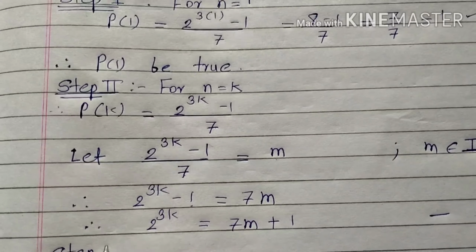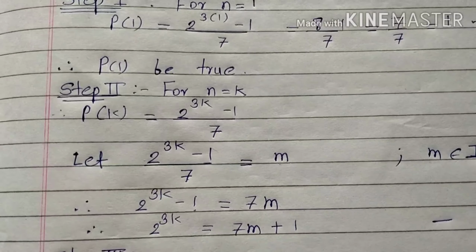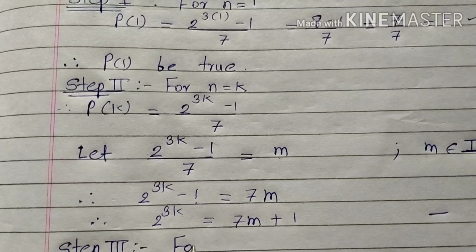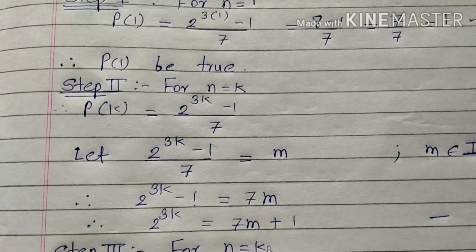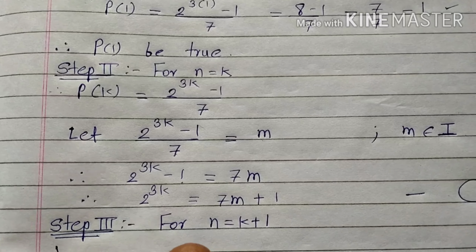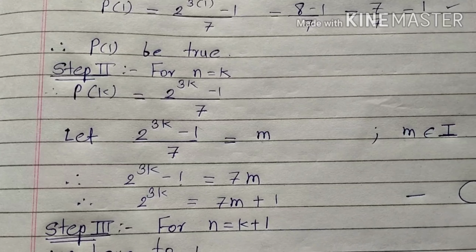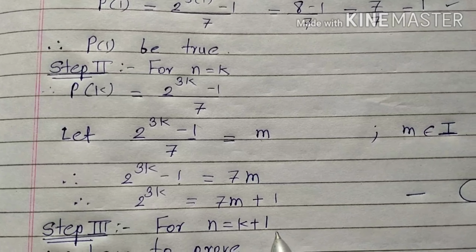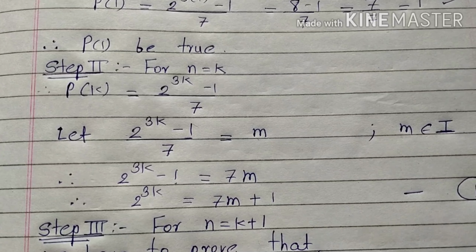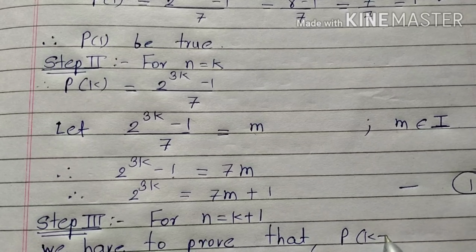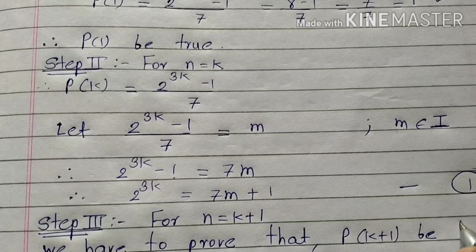Next step, third, for n is equal to k plus 1. We have to prove that P of k plus 1 is true.